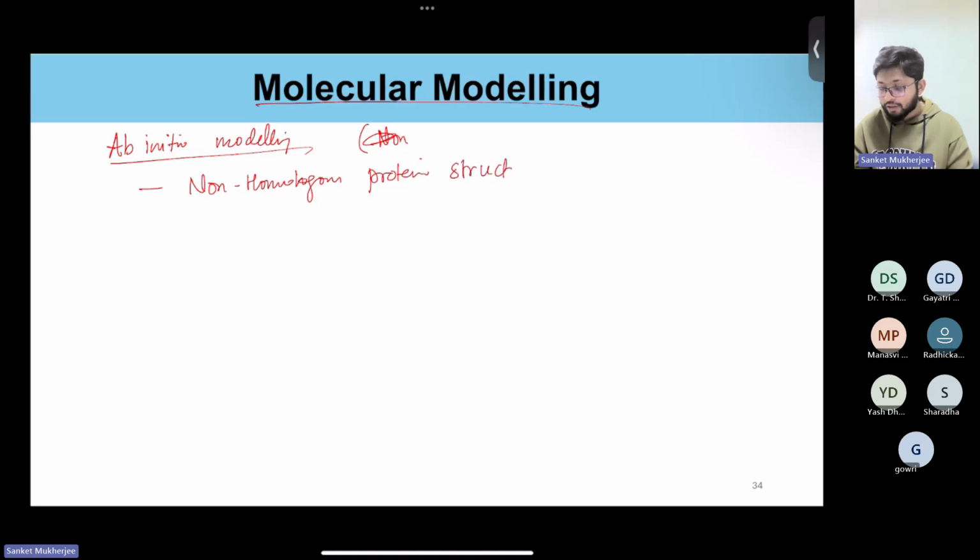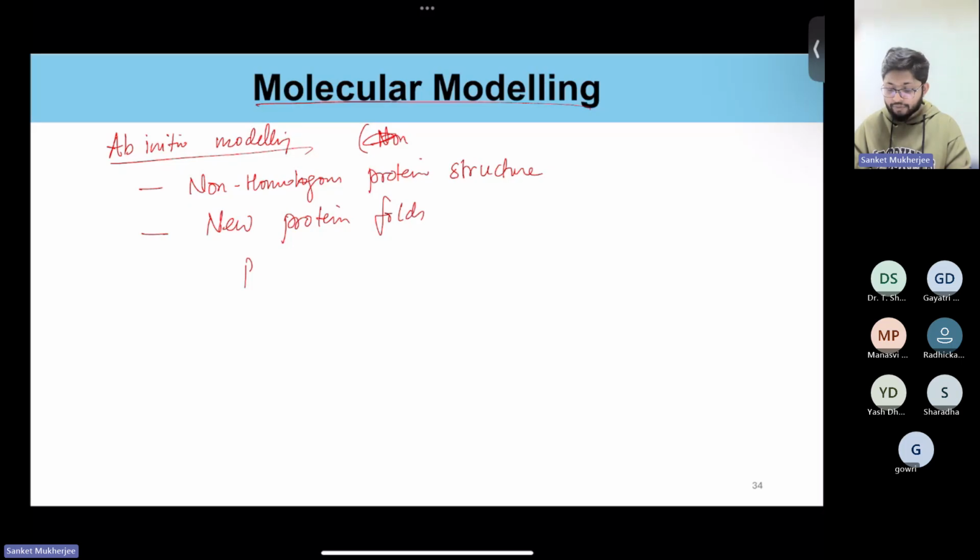Let's say you found a new protein, but a homologous protein has not been reported. It's a very novel protein. You do not have any homologous protein where the structure has been solved. In that case we go for ab initio modeling. Then there are new protein folds, certain protein folds that have not been observed before. In such cases, we also go for ab initio molecular modeling.